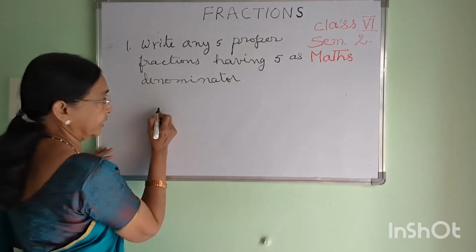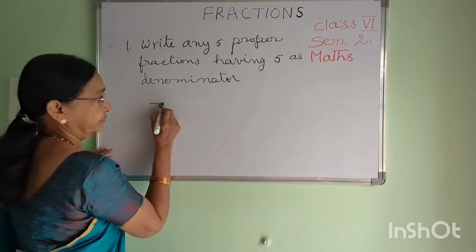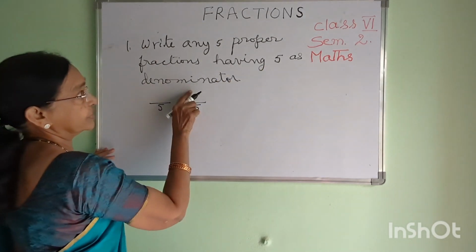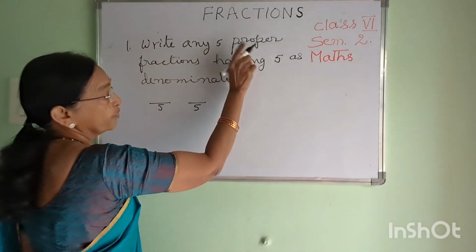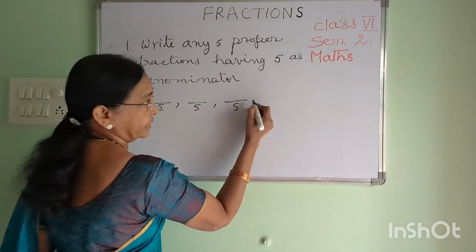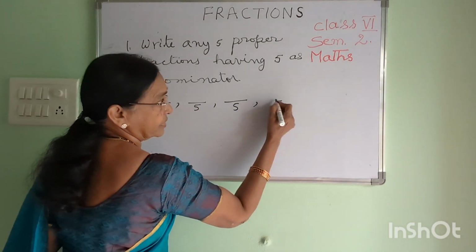So denominator must be always 5. Having 5 as denominator, write any 5 proper fractions. So all the fractions contain 5 as denominator.